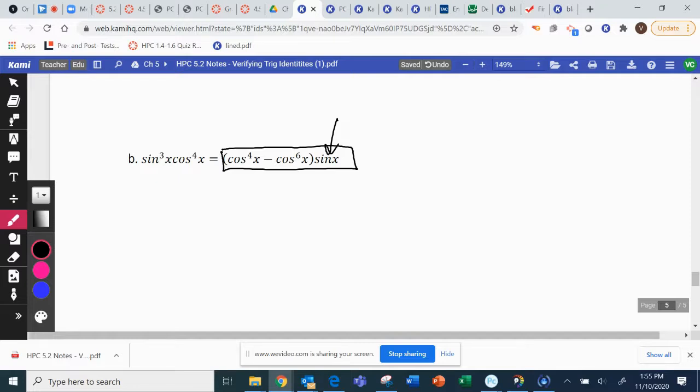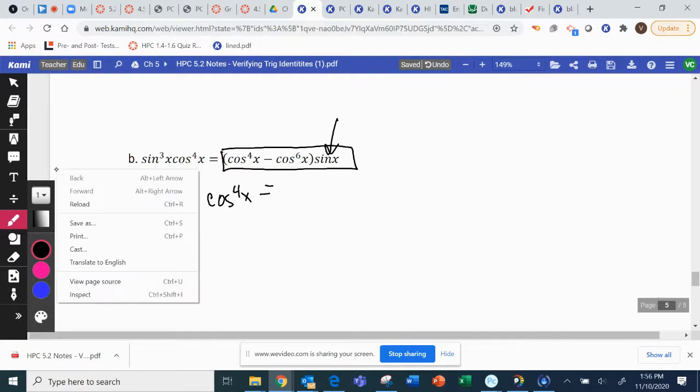So maybe separate sine x and sine squared x with cosine to the 4th x. Kyle, I need more cosines.